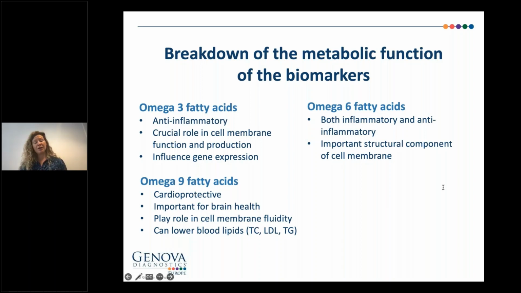I should also mention that oleic acid has also been shown to lower blood lipids, mainly total cholesterol, LDL cholesterol, and triglycerides, and has been shown to dampen the inflammatory response within the vascular endothelium.